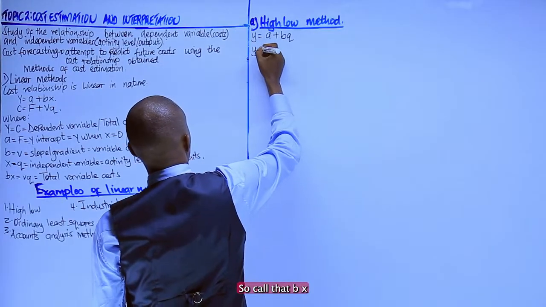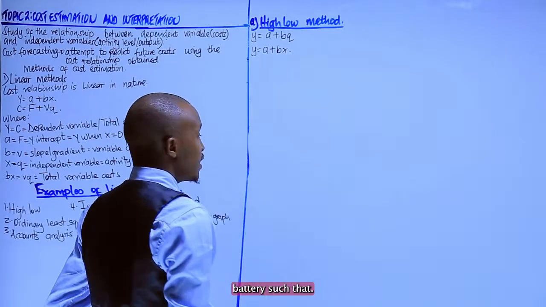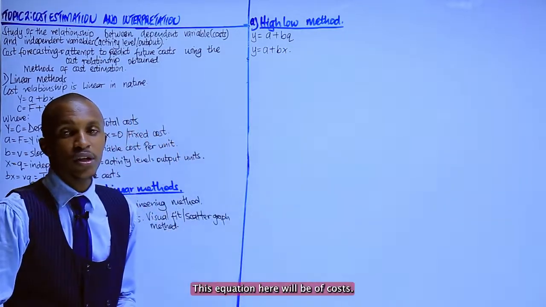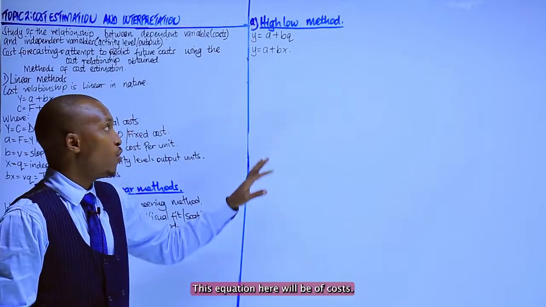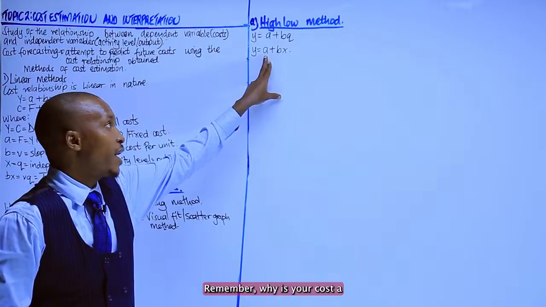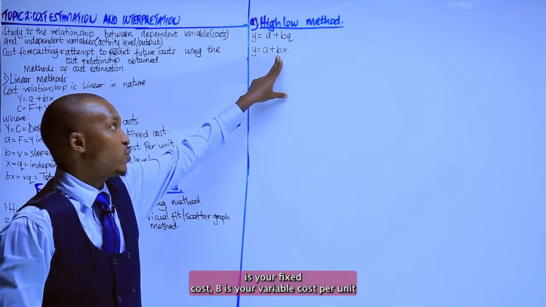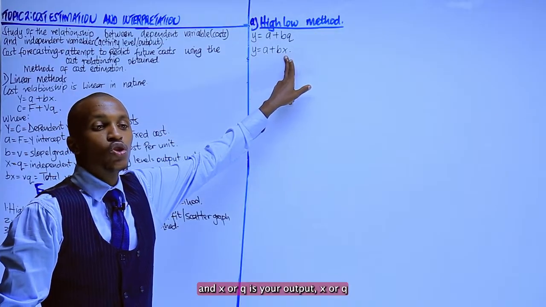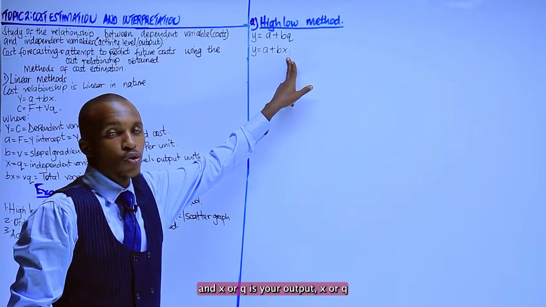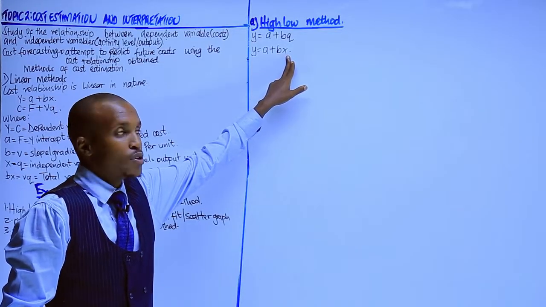Remember, y is your cost, a is your fixed cost, b is your variable cost per unit, and x or q is your output or your activity level.